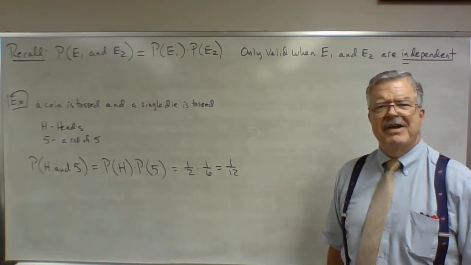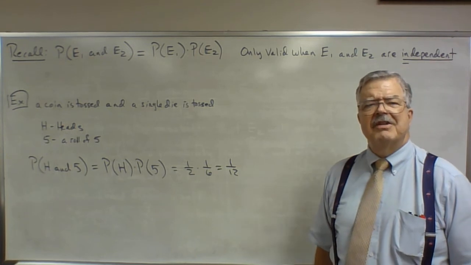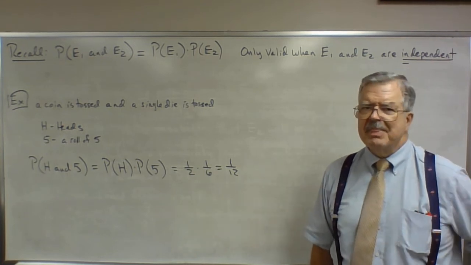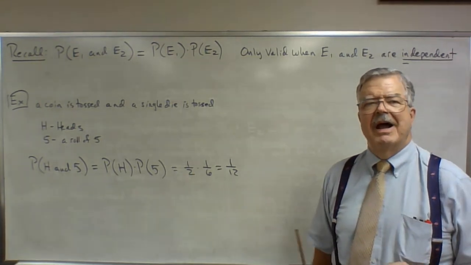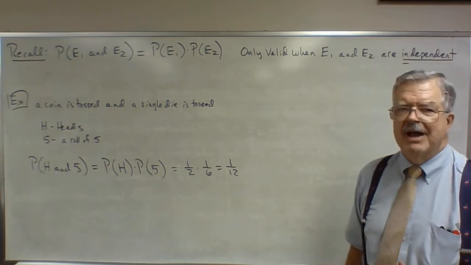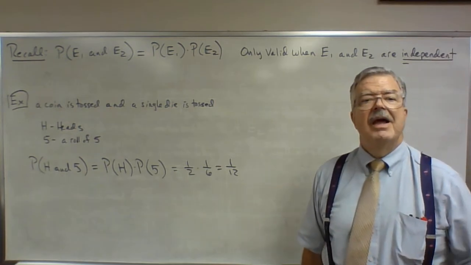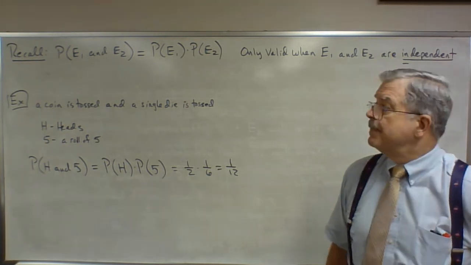I have a confession to make. What I told you in the last lecture is true, but it's not true all the time. And here's where we distinguish those times when it is true and those times when it isn't true and we have to use some other formula.